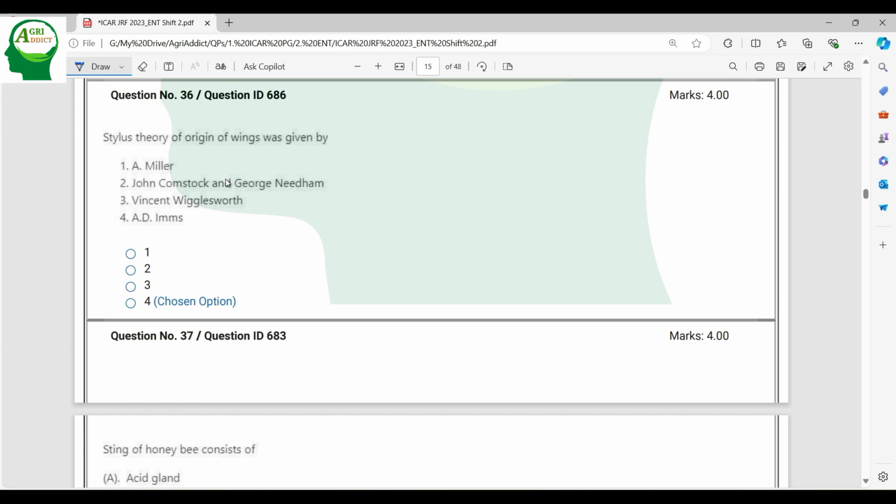The stylet theory of origin of wings was given by Vincent Wigglesworth. And the wing venation was given by, actually sometimes we can get confused here. When we see the wings, we can just answer Comstock and Needham, but no, this is the stylet theory of origin of wings.